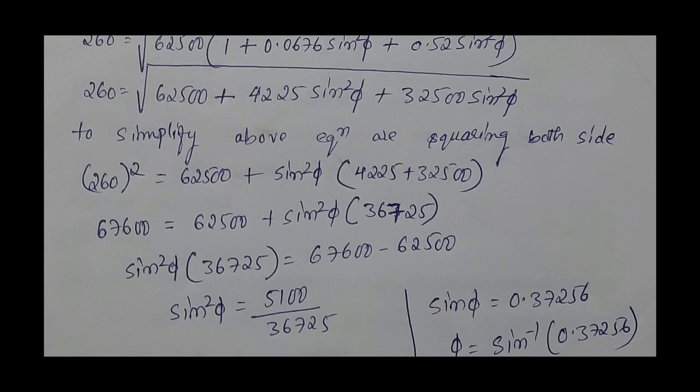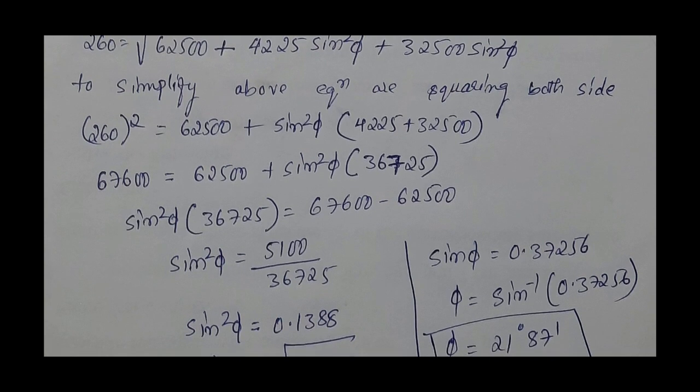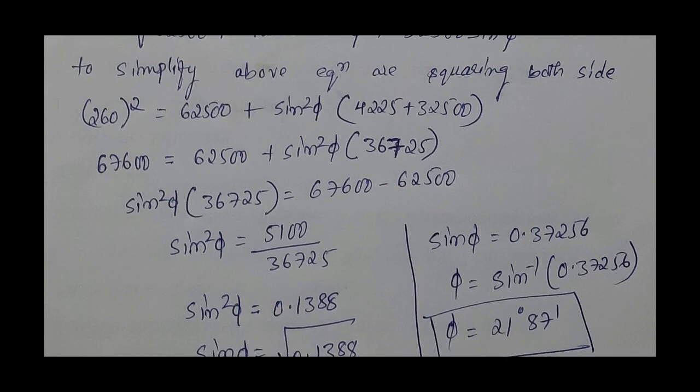Now sine square phi times 36,725 I keep on the left hand side, and I subtract 62,500 from 67,600. The subtraction gives 5,100. Sine square phi multiplied with 36,725 I take to the right hand side, where it becomes the denominator: 5,100 divided by 36,725.